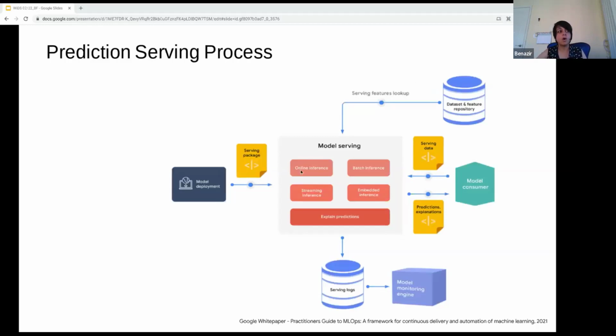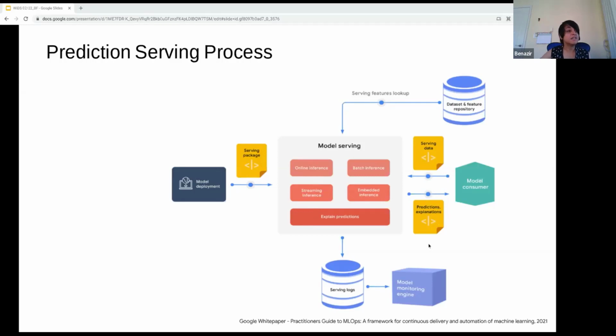You could do online inference, where you are looking at real time, so your model should be able to serve results in real time, or batch inference, where real time is not a requirement, and you're batching requests together, and the model responds with those batch responses that you can then further process and serve to your downstream application.